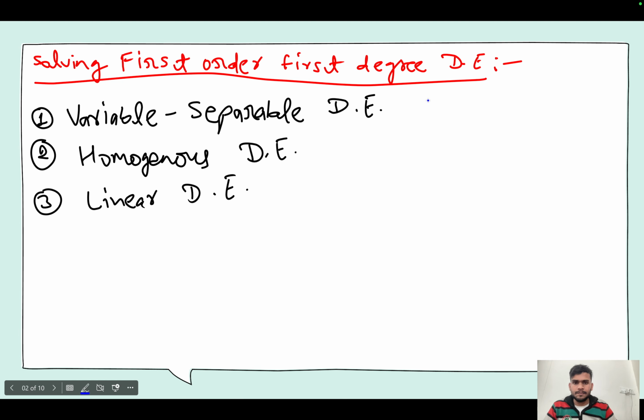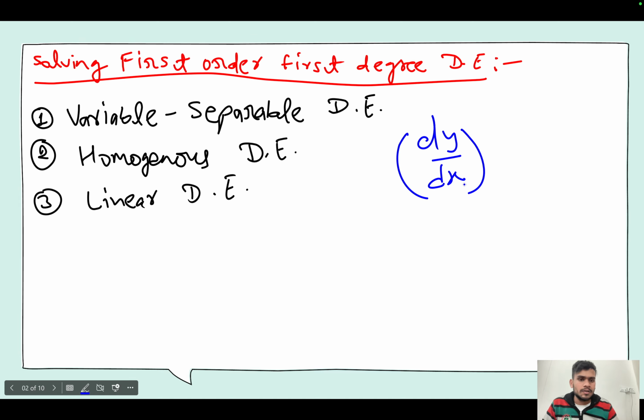So what is a first order and first degree differential equation? How will it look?